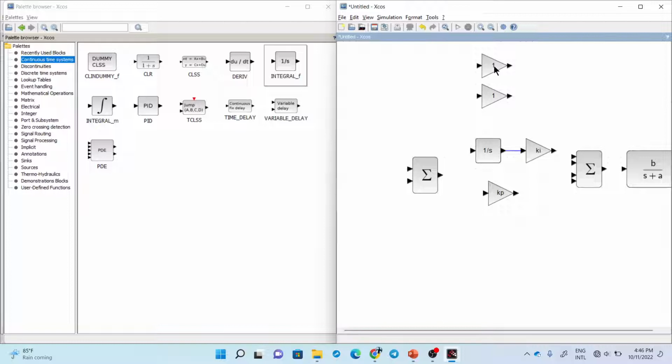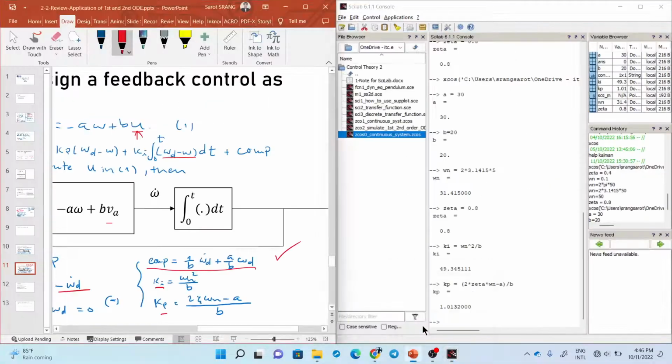Why? Because I need here from compensation, right? So okay, I connect here first, and for compensation, let me show the slide again.